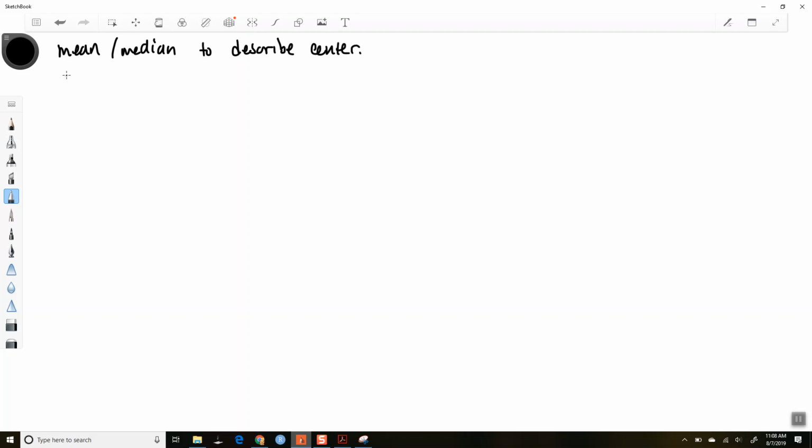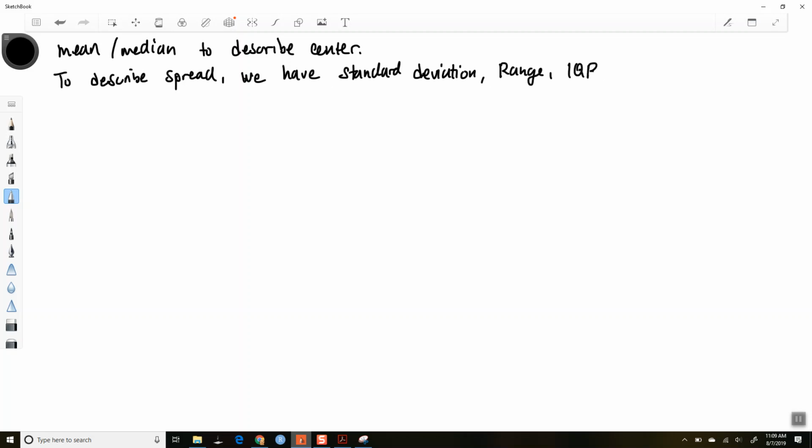And then to describe spread, we have standard deviation, range, and IQR. All right, and the idea of spread is not too hard.